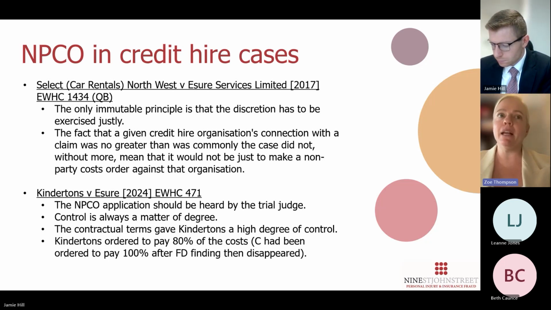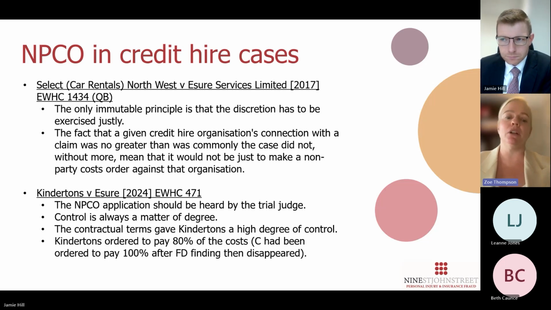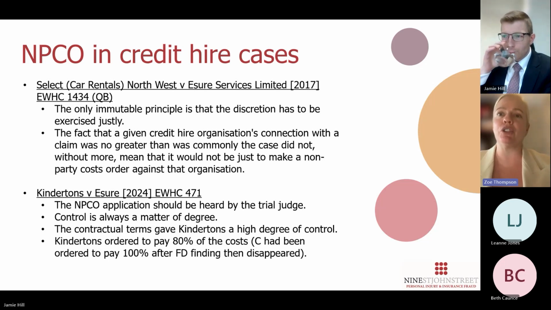It went on appeal to Mr. Justice Turner. He didn't overturn it on appeal, and that was pretty much because the judge had followed the correct test set out in the statute, and he recognised that there was a very wide discretion. So he wasn't on appeal going to overturn the judge's decision.